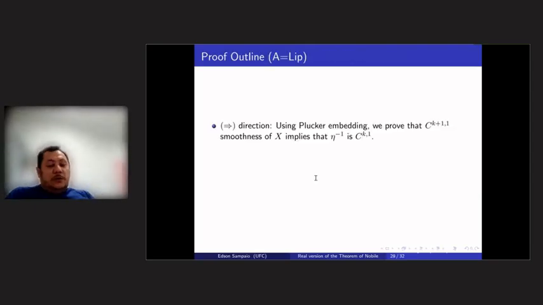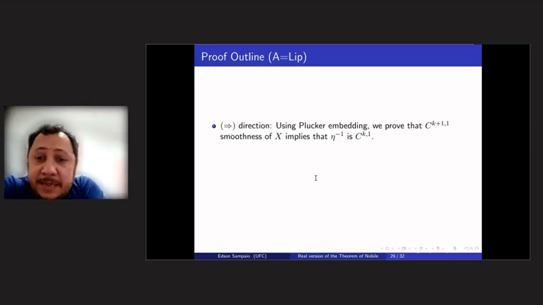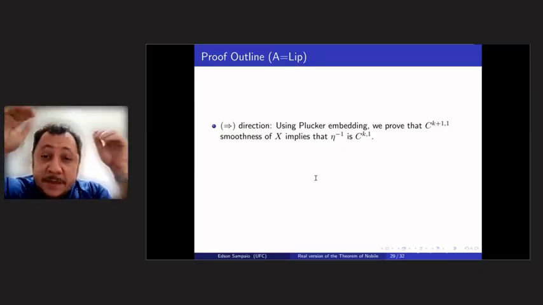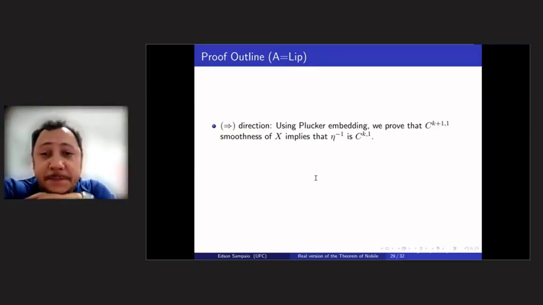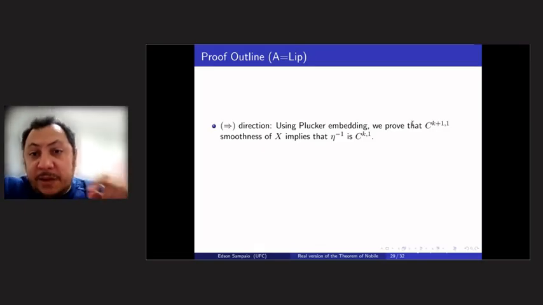Okay. So this direction, we can prove using the Plücker embedding. Just to say some words about this, when you have that x is C^{k+1,1}, where k is a non-negative integer, in fact, in this case, x is at least C^{1,1}. So, in fact, x is at least C1. When x is C1, you can write x locally as the graph of a function which is C1.